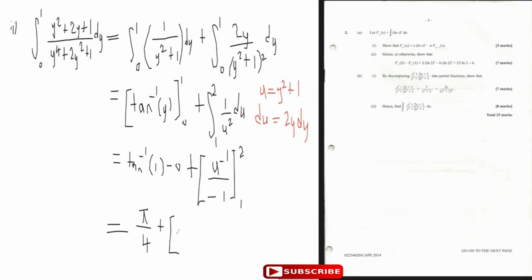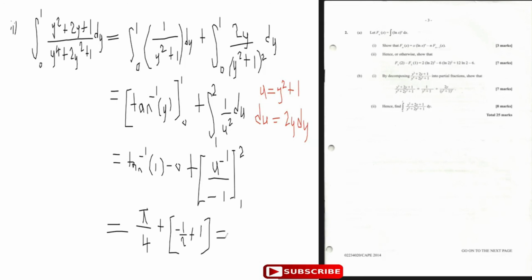Minus, when we put in 1 here, it's going to be 1 raised to the minus 1 divided by minus 1, which is just minus 1, so it becomes minus a half plus 1.